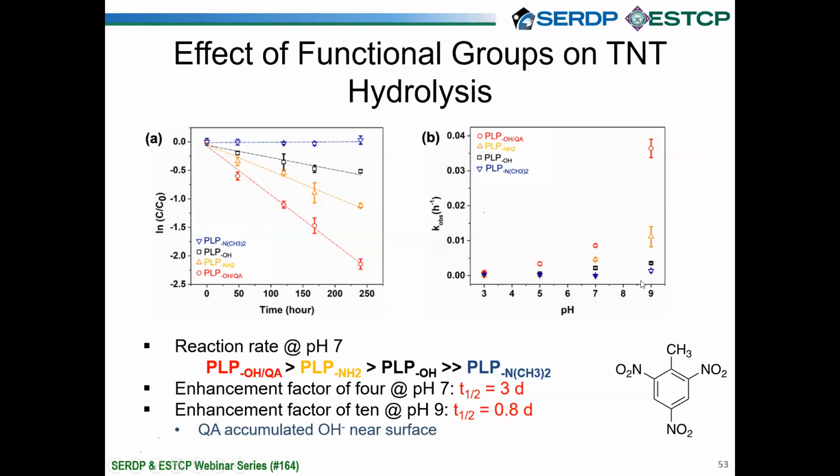For instance, we observe an enhancement factor of 10 at pH 9, which yields a half-life of TNT within 1 day. So we hypothesized that the observed enhancement was due to the ability of QA group on PCM to attract and accumulate OH-, which resulted in a high local pH for alkaline hydrolysis. We will further verify this hypothesis in the modeling part.